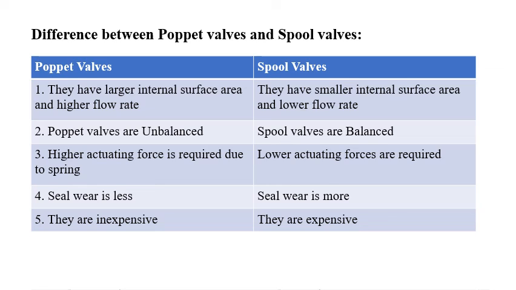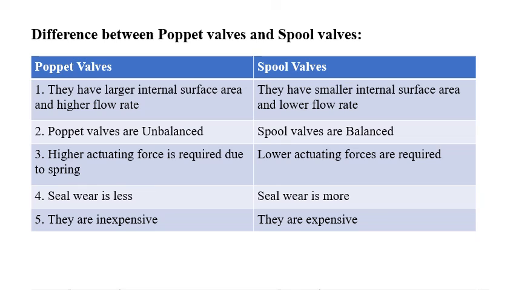In poppet valves, seal wear is less, and in spool valves, seal wear is more. Poppet valves are inexpensive; spool valves are expensive. And one more difference can be seen.